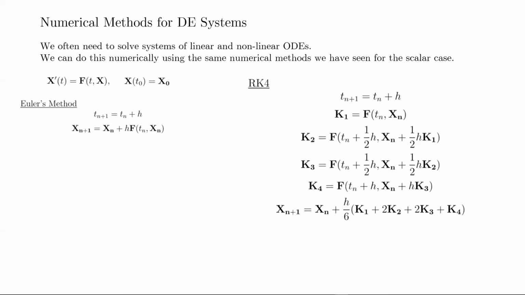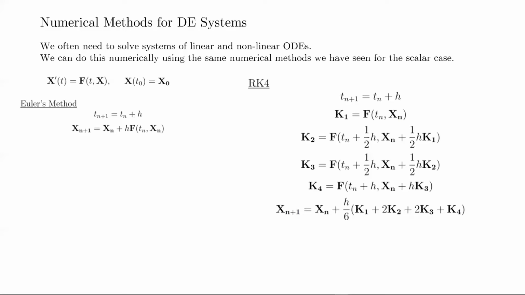RK4 is very similar as well, except now we have something that is all made up of vector terms. What I should say is that when we have one first order ODE that we're solving, we have one independent variable and one dependent variable. When we have a system of equations, we have one independent variable and as many first order equations as are in the system, which is how many dependent variables you have.